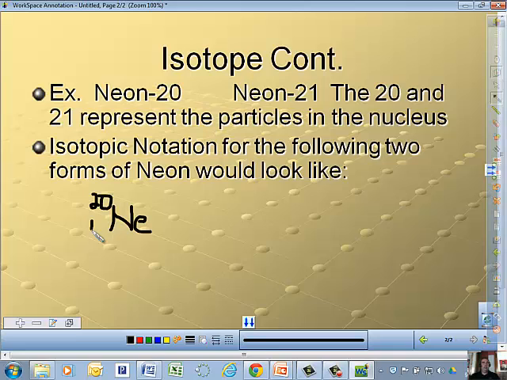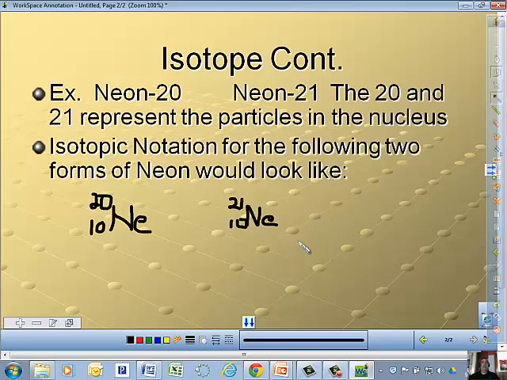And then you put the atomic number down here. So the complete mass or the nuclide is written in the upper left-hand corner, and the atomic number is located in the lower left-hand corner. If we look at the other one, neon 21, again symbol Ne, and now its nuclide is number 21, and again, the atomic number being 10.